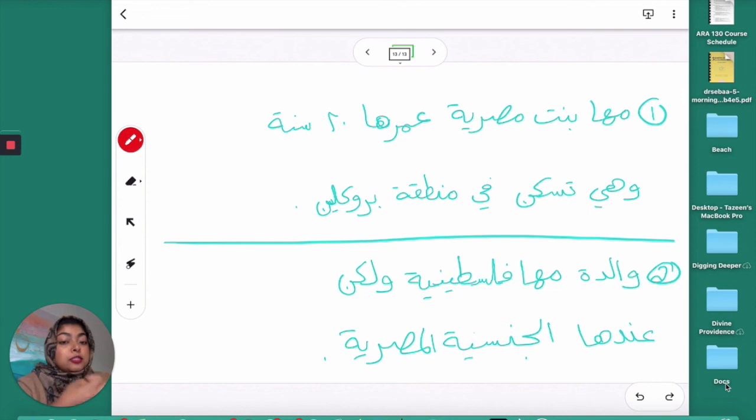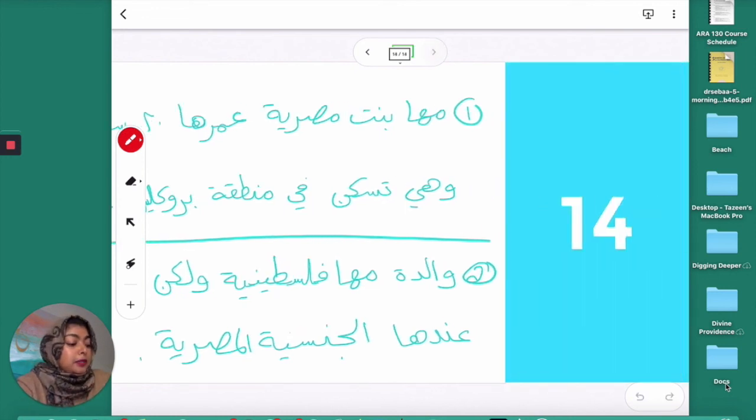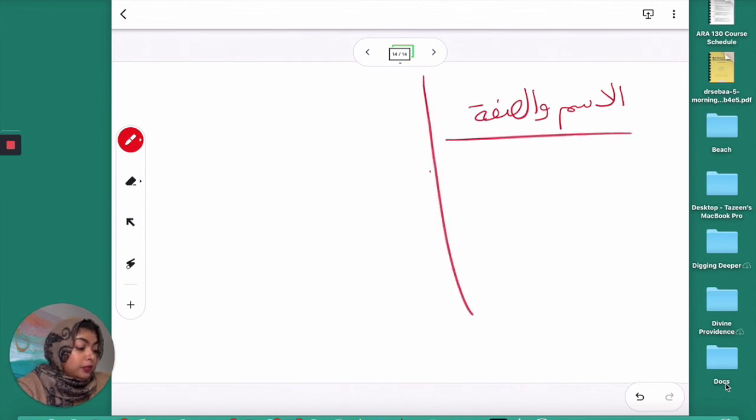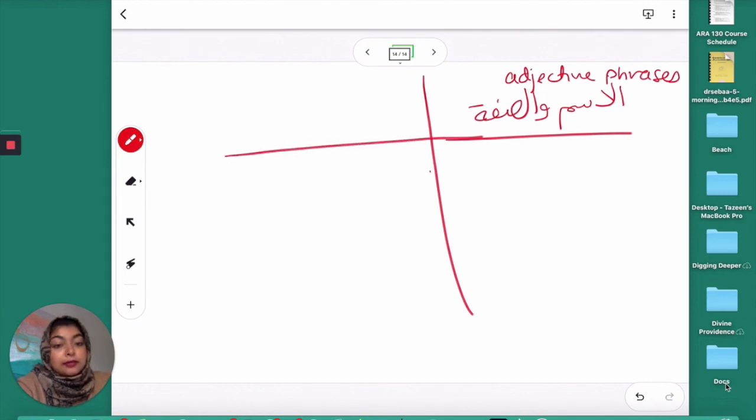It is possession. And it's worthwhile to mention that we have covered examples of an ism, sifa, and these are adjective phrases, or adjectival phrases.